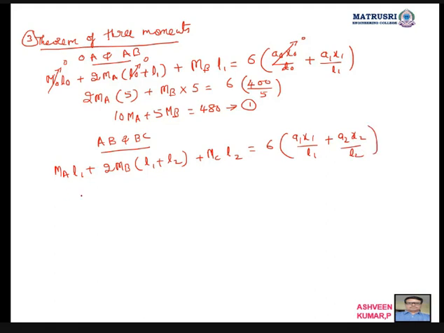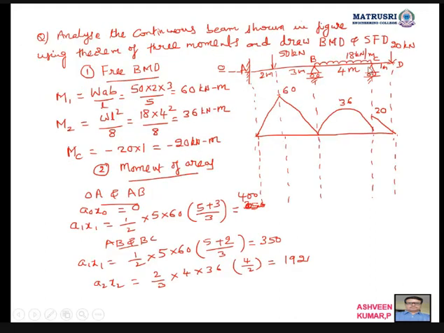Clear? MA into L1. L1 is 5 meters, plus 2MB. L1 is 5 meters, L2 is 4 meters. Okay, L2 you can see here is 4 meters.